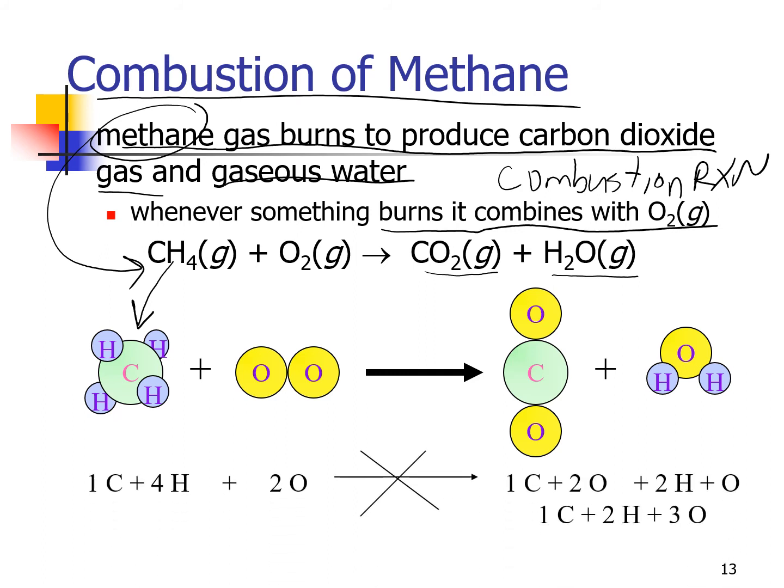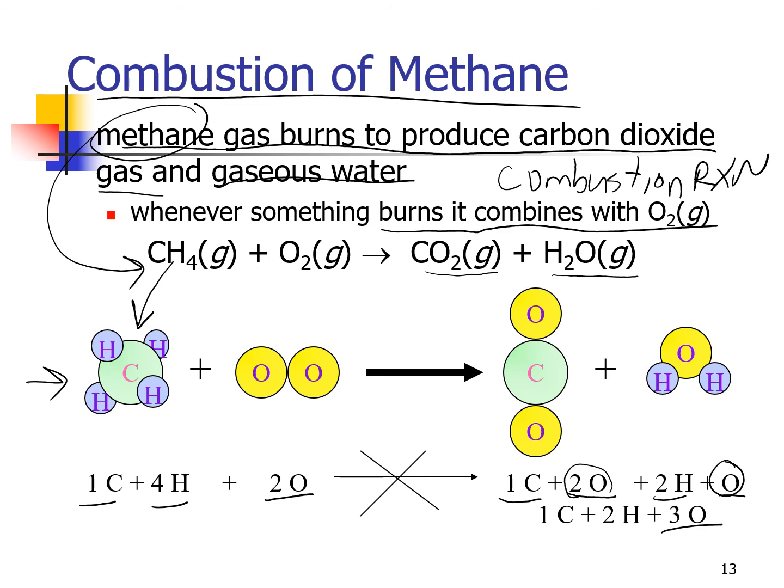In our molecule of CH4, we have 1 carbon and 4 hydrogens. 1 molecule of oxygen has 2 oxygen atoms. 1 molecule of CO2 has 1 carbon, 2 oxygen atoms. 1 molecule of water has 2 hydrogens and 1 oxygen. So we went ahead and combined on the products our 2 oxygens plus 1 oxygen to get 3 oxygens.